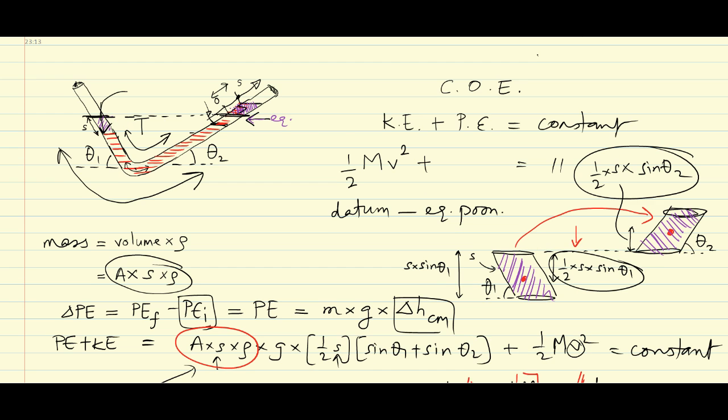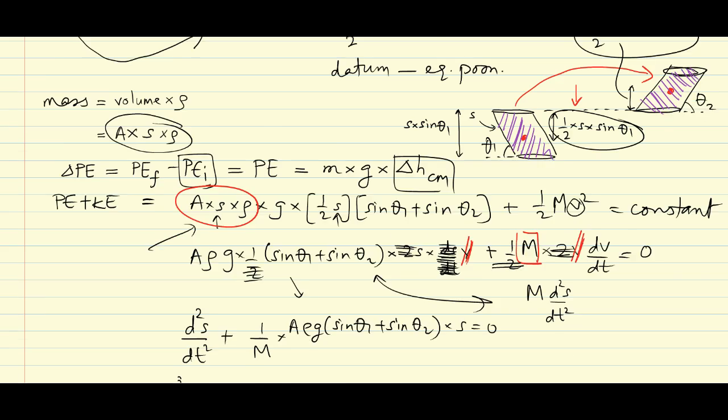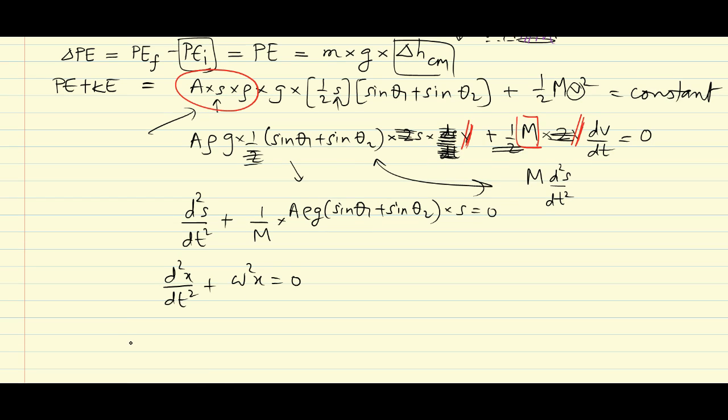So it has SHM, and we can easily see that its omega, the omega of the SHM of the top surface of the right hand side column liquid, is going to be the square root of this number, and therefore the time period of the SHM is 2 pi upon the square root of that number.